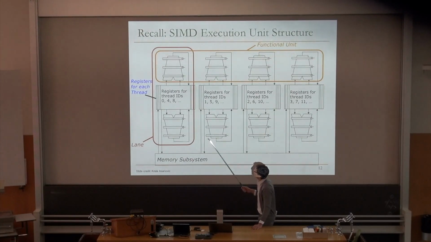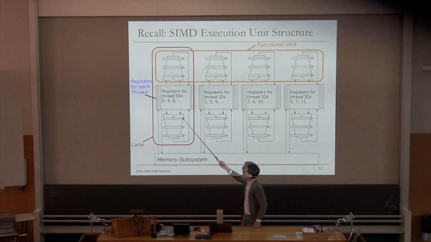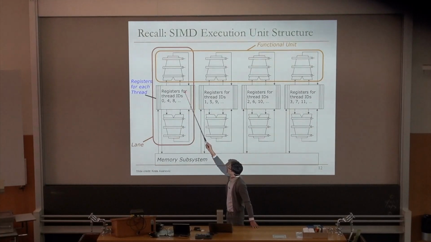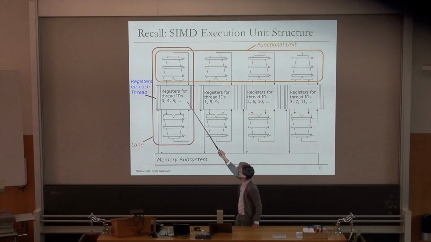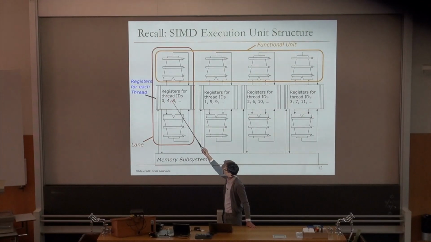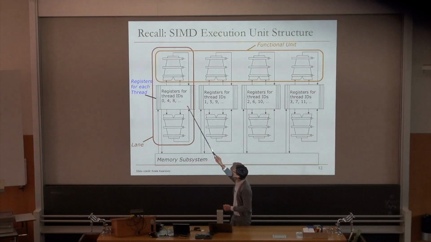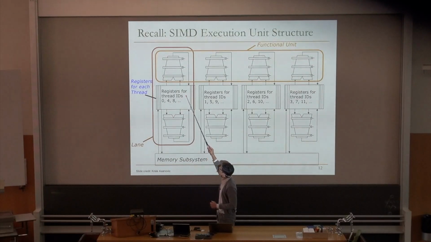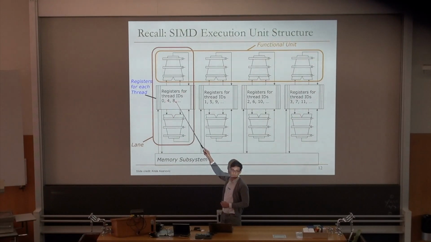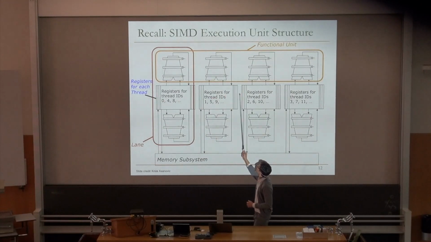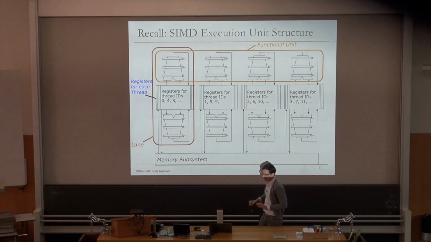In this specific case, observe that, for example, in these execution units, threads with thread ID 0, 4, and 8 are going to be running. They will run in an interleaved manner, as we described before, and the registers that these threads are going to use are in this part of the register file. And it's the same for the rest of the vector lanes.